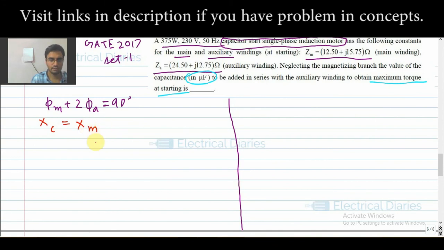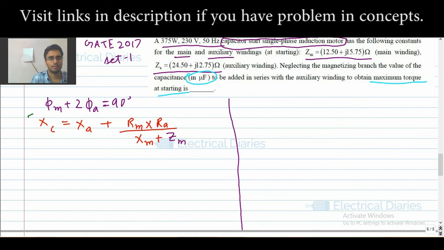One is this: Xc is equal to Xa plus Rm into Ra divided by Xm plus Zm.